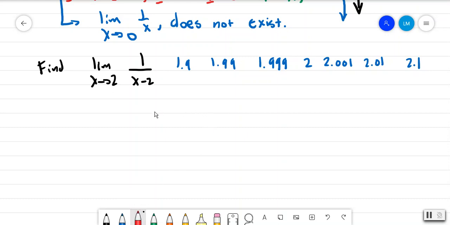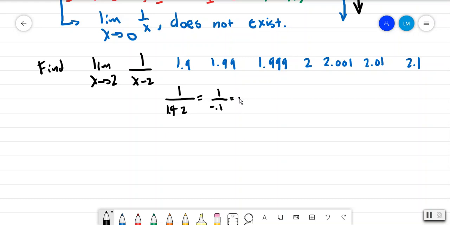Basically, what we're going to do is ask what is 1 divided by 1.9 minus 2, which in this case is 1 divided by negative 0.1, which is negative 10.